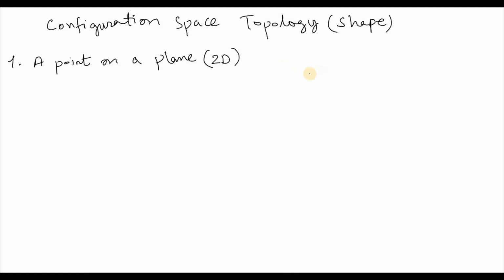And how does the topology of your configuration space having these coordinates look? It can be represented by x, y coordinates. Because it's a point, there will be no orientation. Theta doesn't exist, only xy. And so your configuration space will look like a plane.